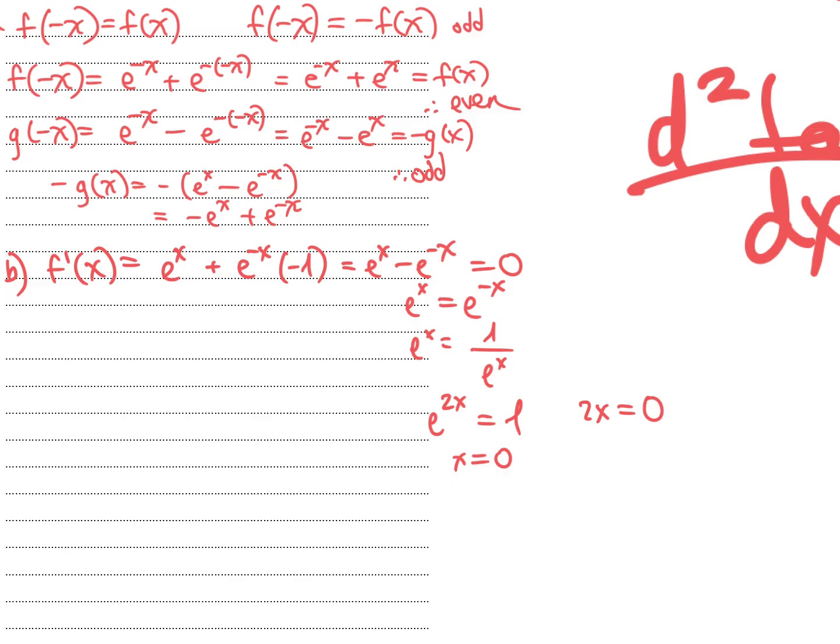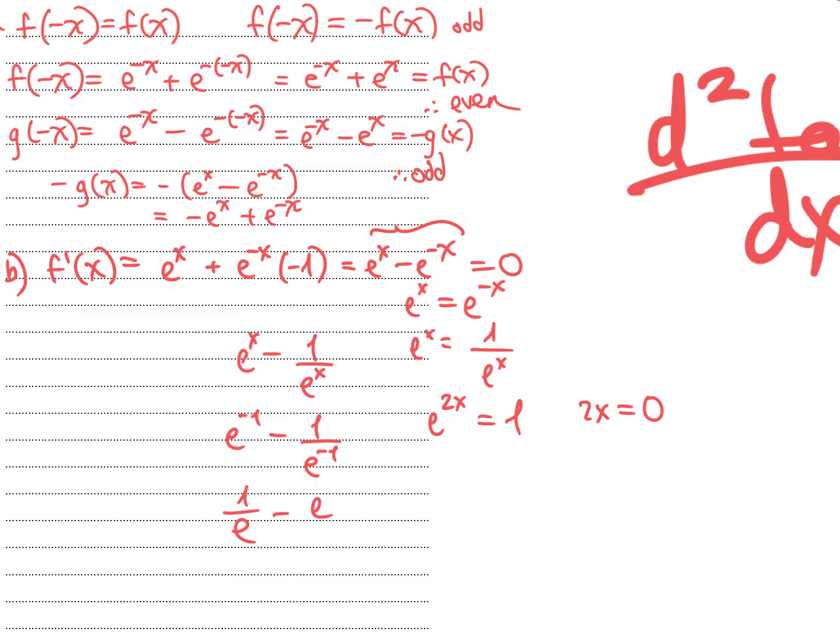Okay, so at x is 0, there's something going on. So instead of finding yet another second derivative, I'm just substituting in x equals -1 and x equals 1 into the first derivative. So we have e to the x minus 1 over e to the x. If we do -1, we're going to have e to the -1 minus 1 over e to the -1, which is 1 over e minus e, which is a negative number.